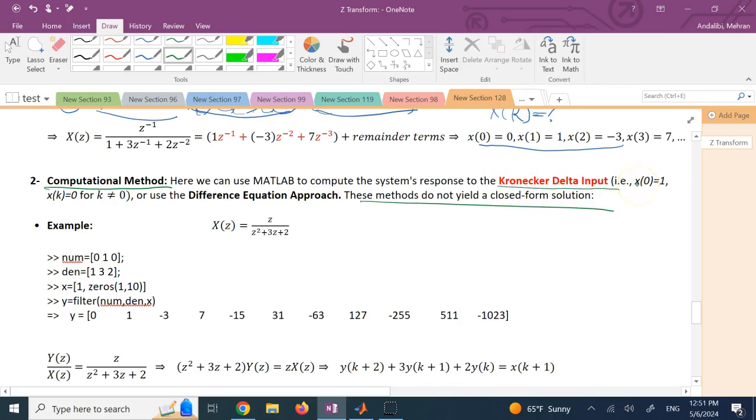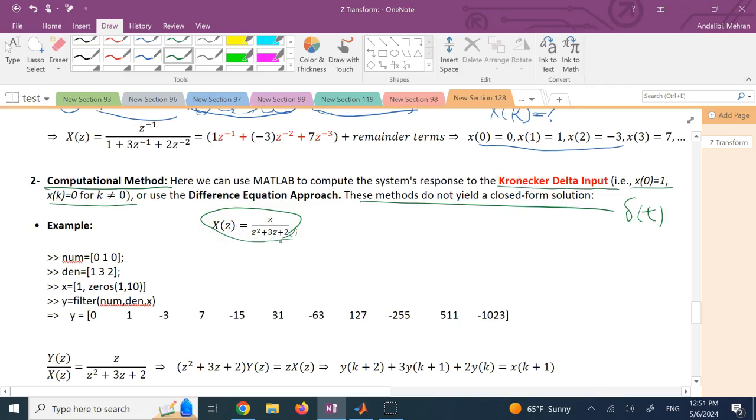Remember that delta of t, that was a 1 at 0 and everywhere else a 0. That function, if you pass it as the input to the system, the output of the system is clearly the x of kT, okay? Yes, because just like Laplace transform, this is what we call the impulse response of the system.